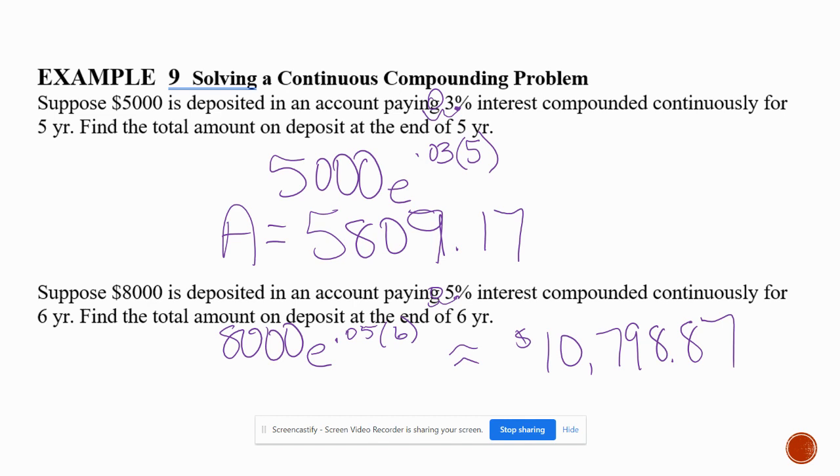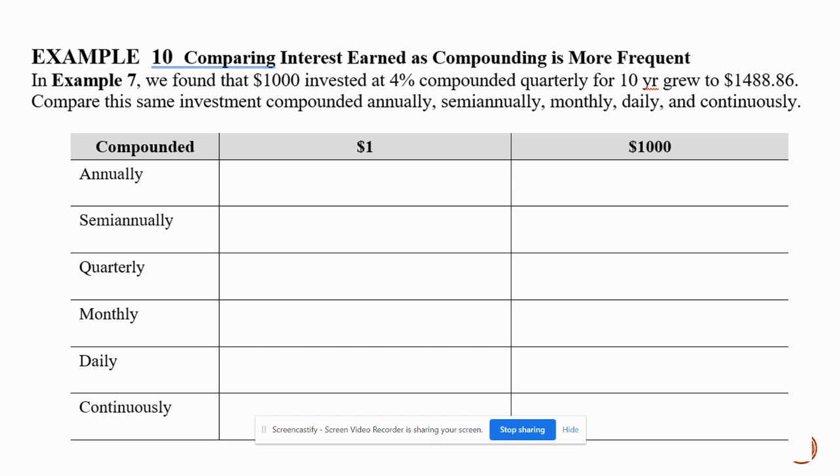So the question is, how much does the compounding really change things? We're not going to do this one. We're going to go over into the $1,000 and plug in $1,000 invested at 4% for 10 years.